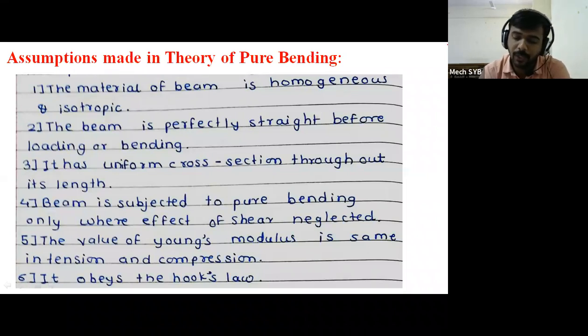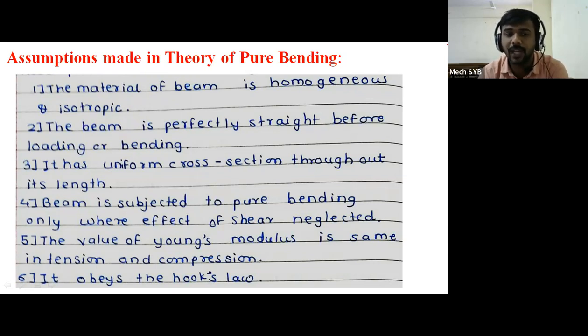In addition to that, we discussed the 4 standard cases, and for that we discussed 2 types of beams, that is one is the simply supported beam and another is the cantilever beam. In the simply supported beam, the beam is subjected to the point load at the center, and the simply supported beam subjected to the UDL on the entire span. These 2 standard cases, and the remaining 2 are for the cantilever, where the cantilever beam is subjected to the point load at the free end and the cantilever subjected to the UDL on the entire span.